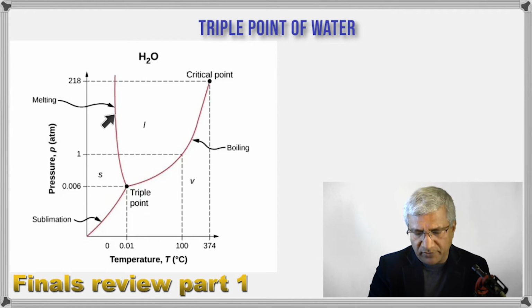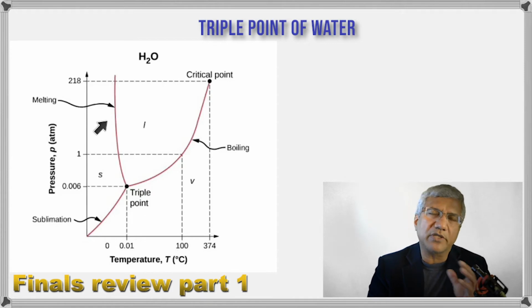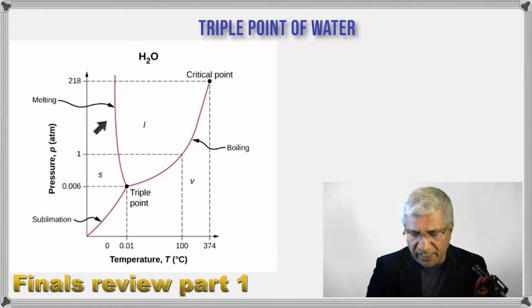If you decrease the temperature, which means move to the left side, even a little bit, you will only have ice. If you increase the temperature, you will only have water. So you see the L there for liquid and the S there for solid. So in this region, you have ice. In this region, you have water. So that's the melting curve.